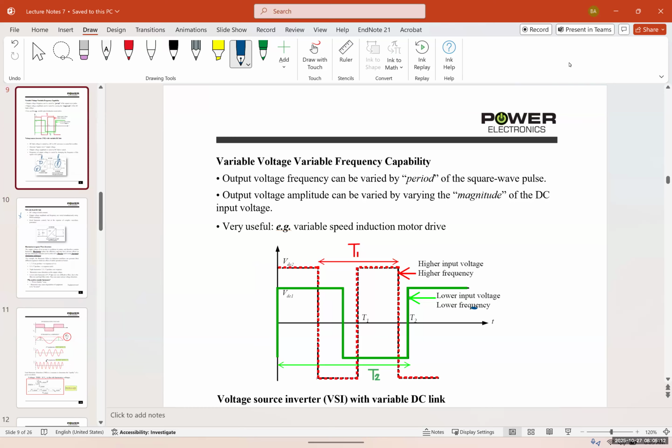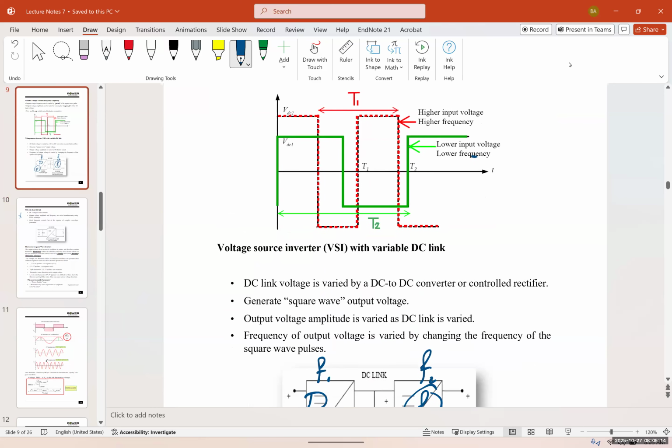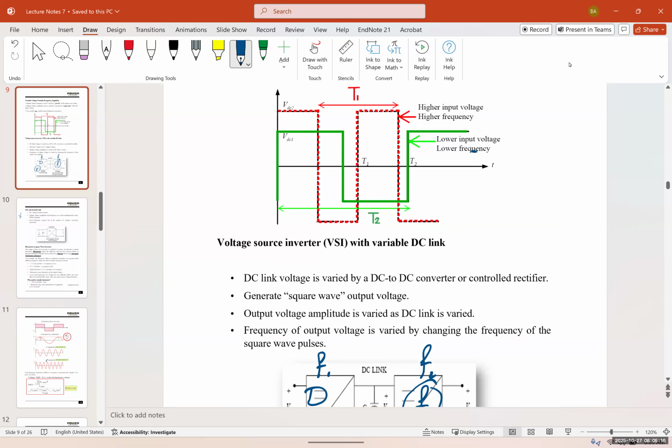VSI, as you know, we had variable voltage source inverters. I explained the problems that the variable source may cause. One of the problems, as you remember, is that if the voltage drops in the input, the output voltage also drops as well.